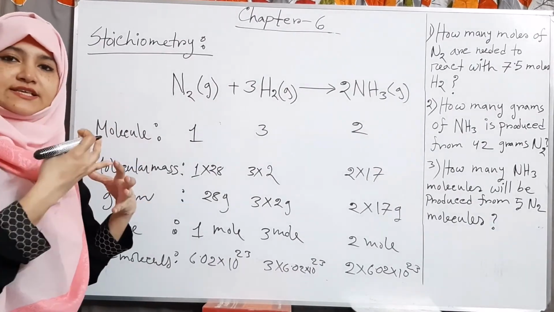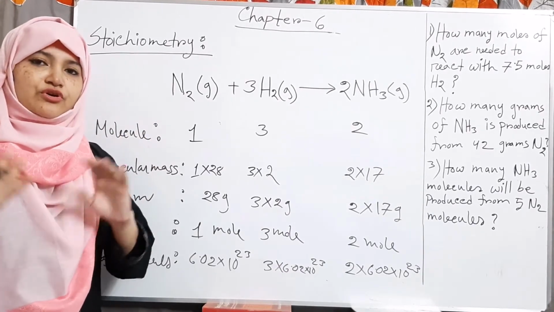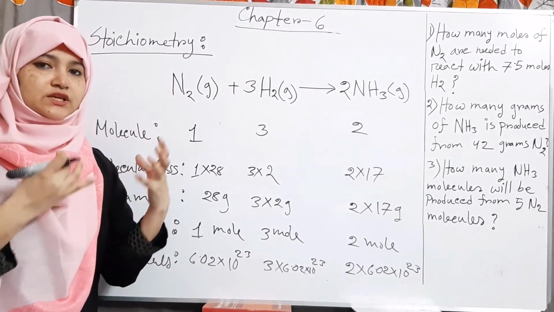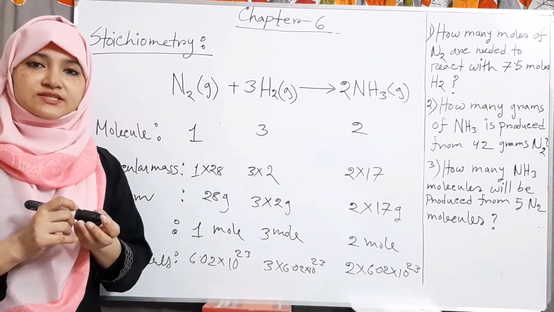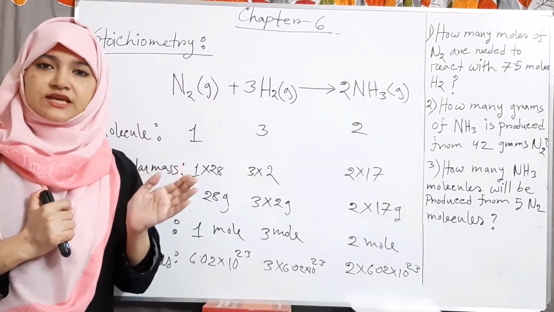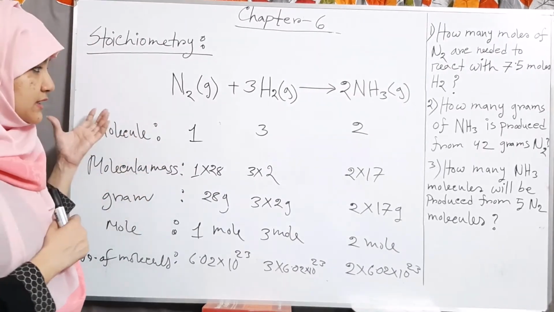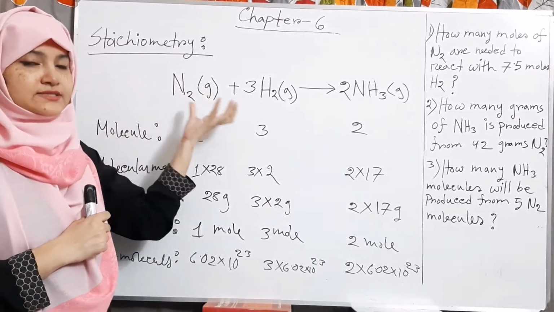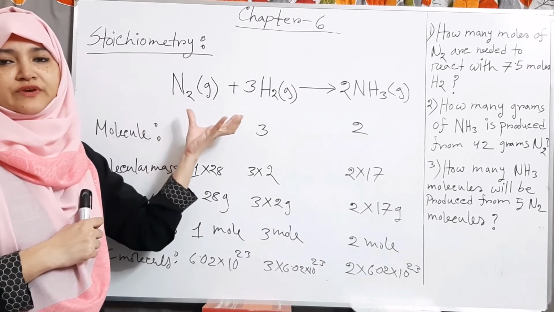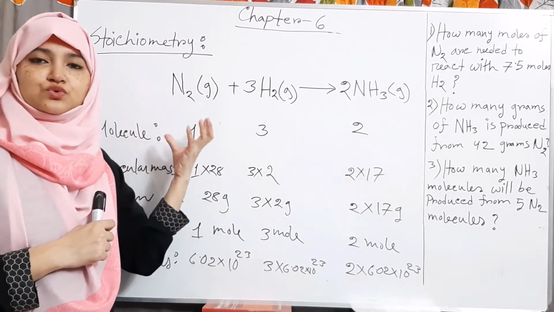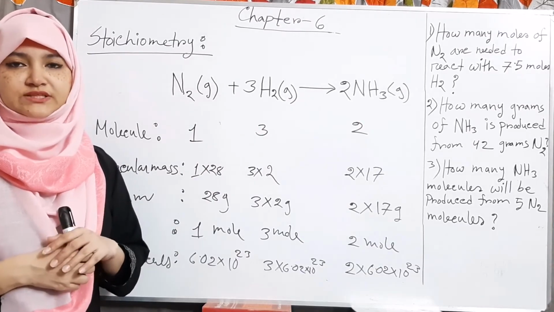And for any gaseous reaction, we can add another piece of information. For any gaseous reaction, if the reactants and products are gas, then at STP, that is standard temperature and pressure, we know 1 mole of any gas contains 22.4 liter volume, and this is known as the molar volume of that gas.